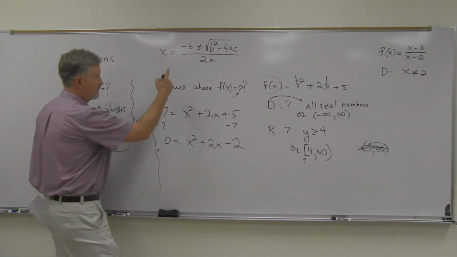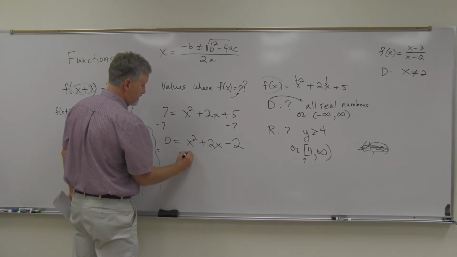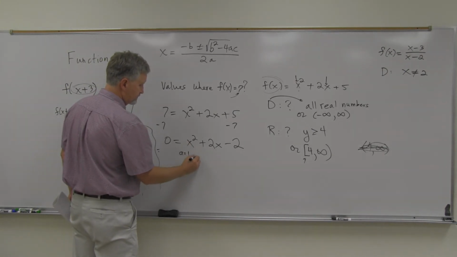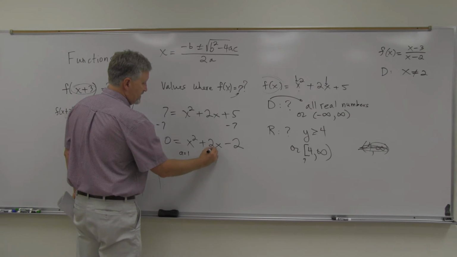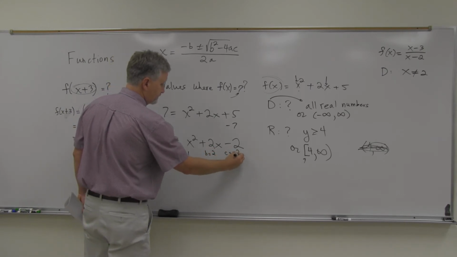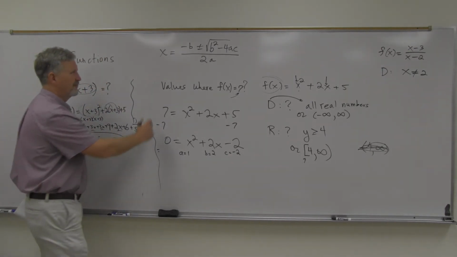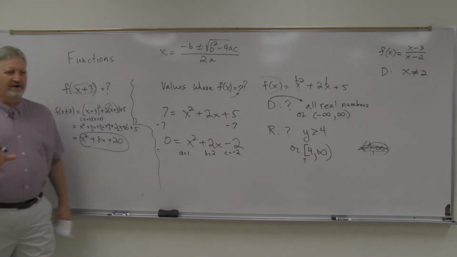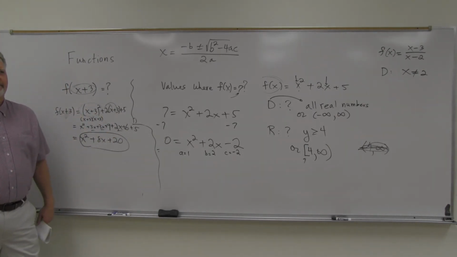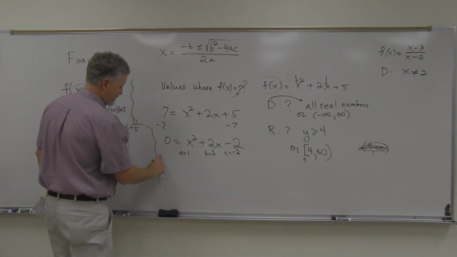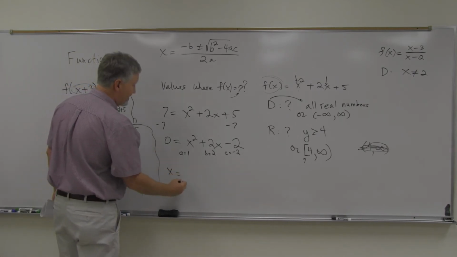Now we know for the quadratic formula, a is just the x squared coefficient, which is 1. B is the x coefficient, which is 2, and c is the constant, which is -2 there. Yeah, so I don't think we have to use it a whole lot, but it does from time to time surface, so be sure you've got the old quadratic formula in hand there. All right, so what do we got here?